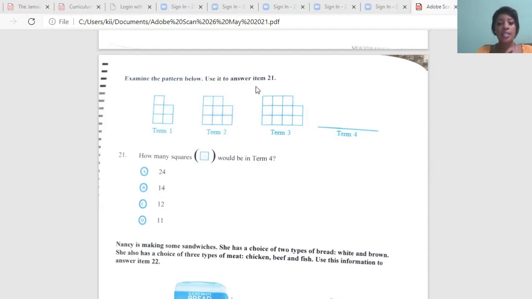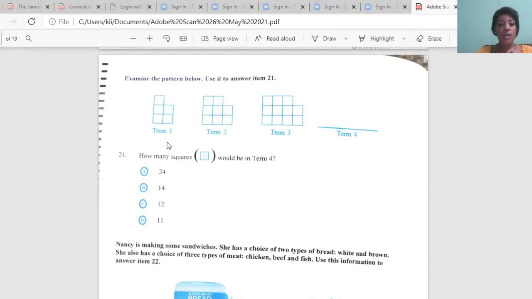and 11 in term 3. Let me see what the pattern is. I wonder if it's 6 more, 8. It's not there as the answer. Let me see, what could it be? I'm trying to identify the pattern in the question.